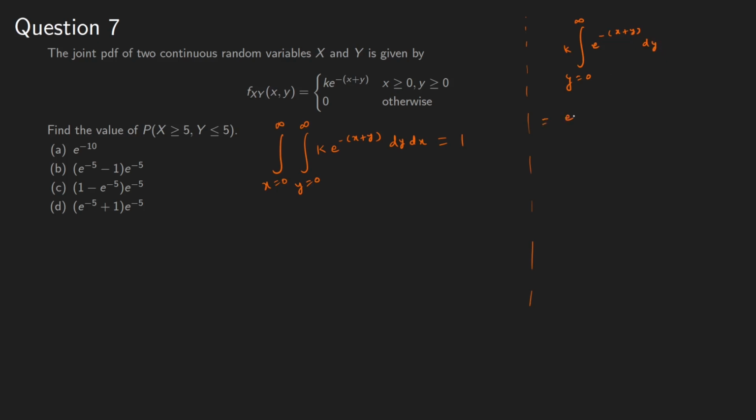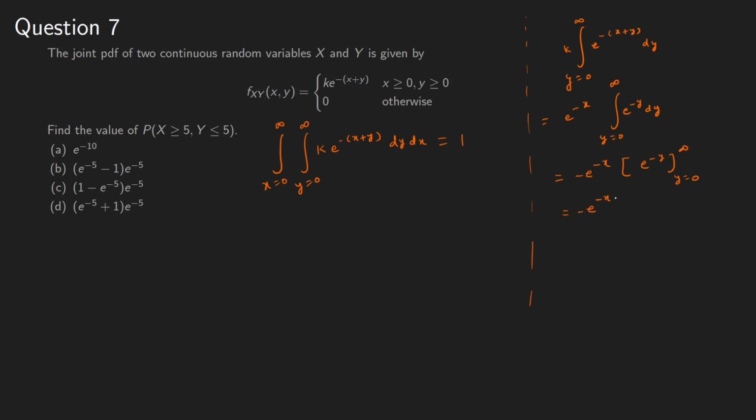We can take e raised to the power minus x as constant because the integration is with respect to y, and then we will be left with the integral from y equals 0 to infinity of e raised to the power minus y. When you integrate e raised to the power minus y, it becomes minus e raised to the power minus y. So we take minus 1 also outside as a constant. So finally it will become minus e raised to the power minus x, times this integration value, y equals 0 to infinity.